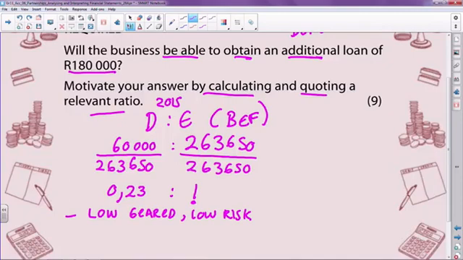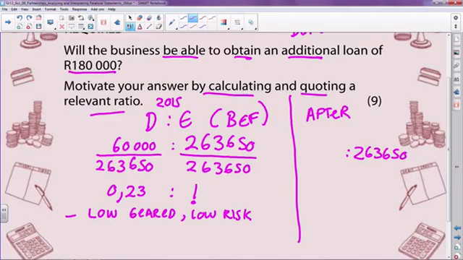However, they do want to borrow additional capital. So let's look at what's going to happen to this ratio if the business does borrow additional capital. Does the situation remain the same? After taking out the additional loan, what happens to your debt equity ratio? Remember, your equity will stay the same, 263,650.